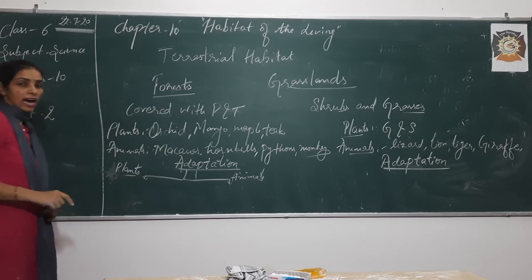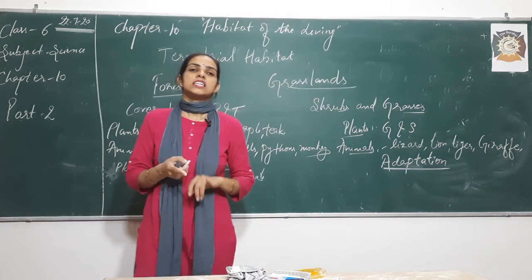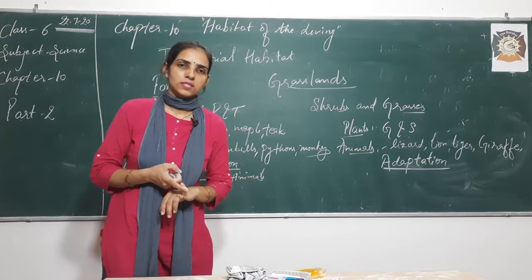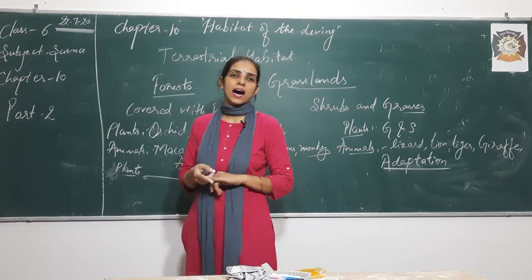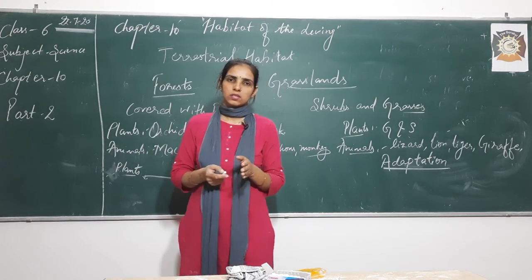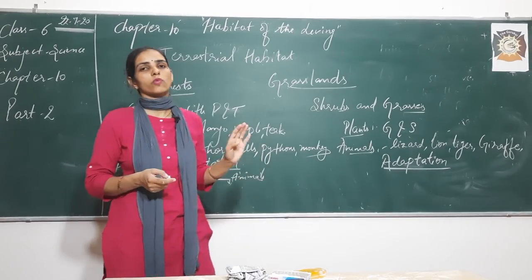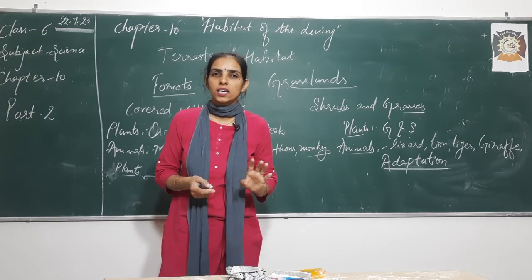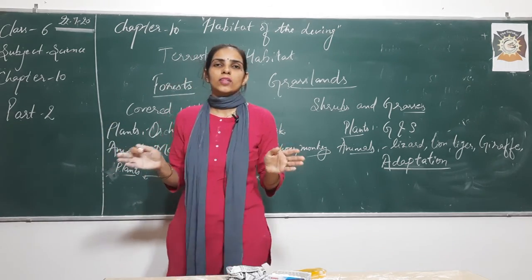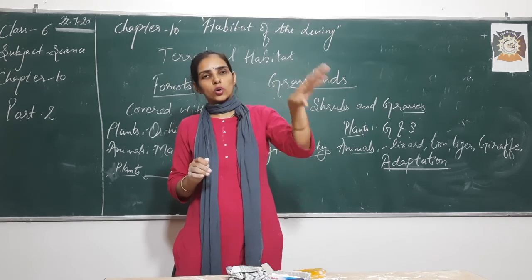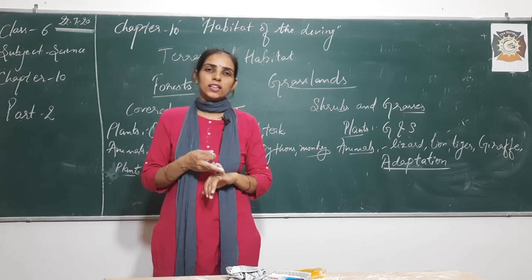These plants in forest have special tips, which are called drip tips. Drip means to drip off the water falling in the form of rain, to run off the water quickly so that it doesn't stagnate and rot the plant.